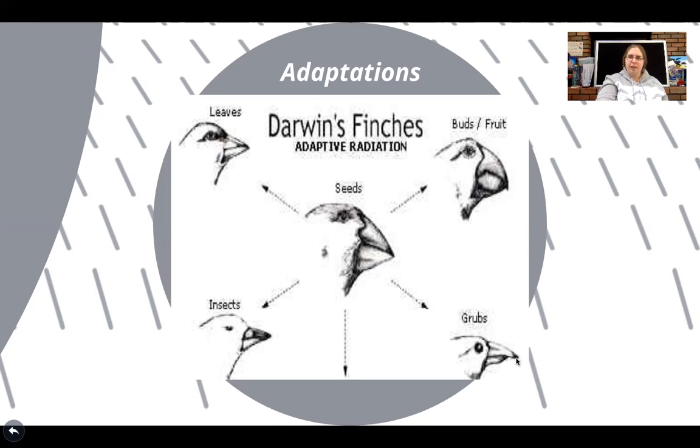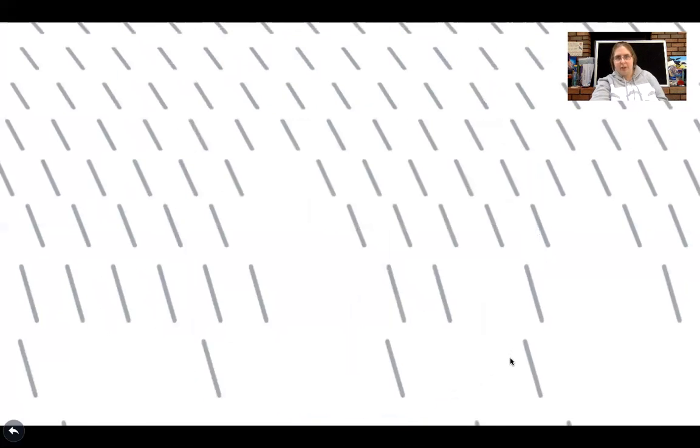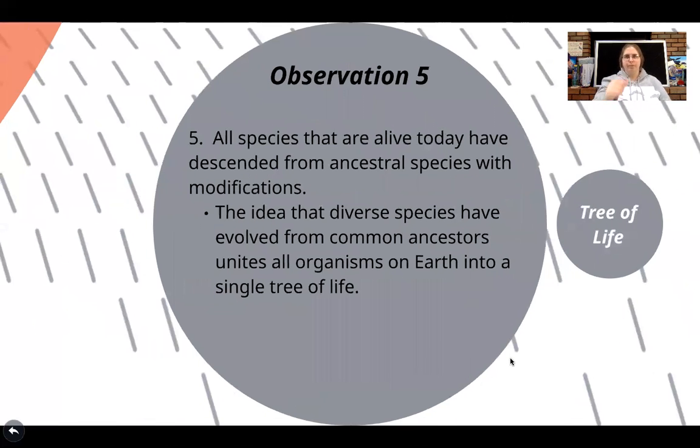Something with a much thinner beak, like the one on the bottom left for flying insects, wouldn't be able to get into the bark of a tree as easily or dig into the ground a little bit as easily. But this guy here on the bottom right who eats grubs, that overhang of his top beak would be really good for that. So again, competition. They're competing for food sources.